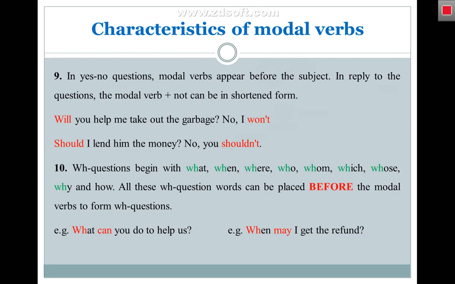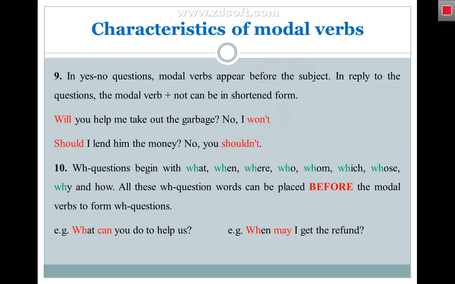Finally, we have WH questions. You have the group of question words that begin with W: what, where, when, whom, which, whose, etc. All these WH question words can be placed before the modal verbs to form WH questions.